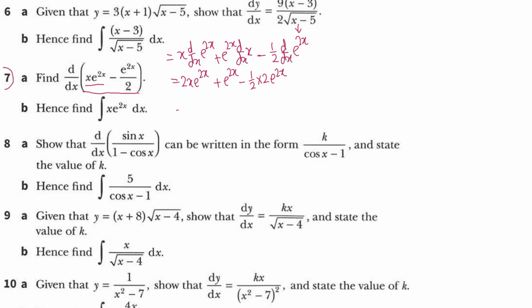So finally we can write 2x e to the power 2x plus e to the power 2x, then minus e to the power 2x as well. So the main part is we can cancel these two, and we get the result 2x e to the power 2x. This is our answer for this differentiation.